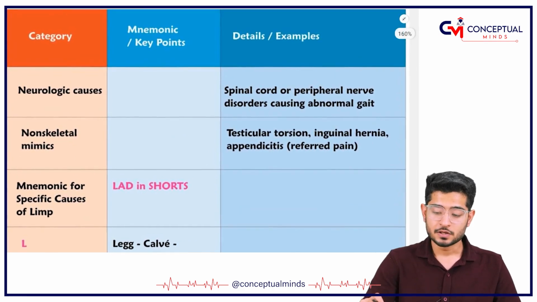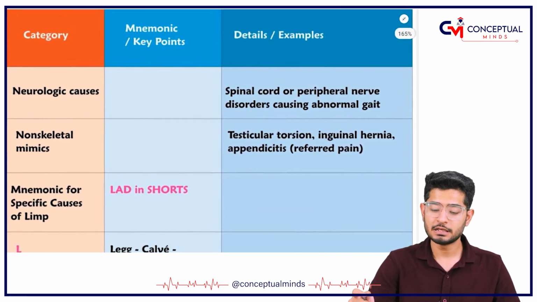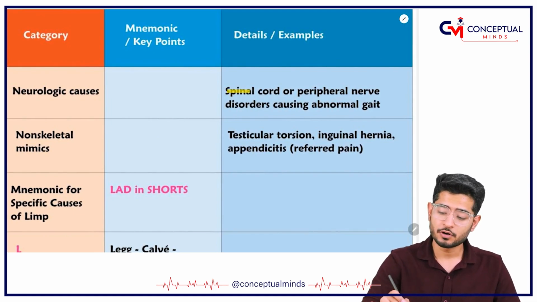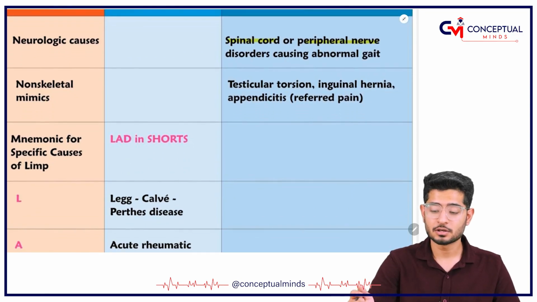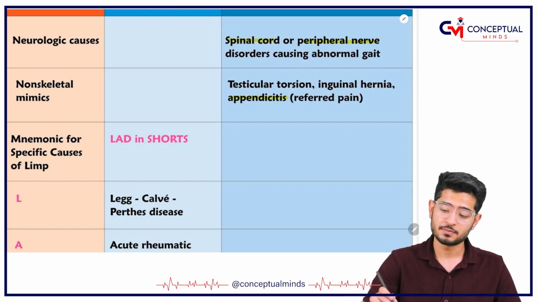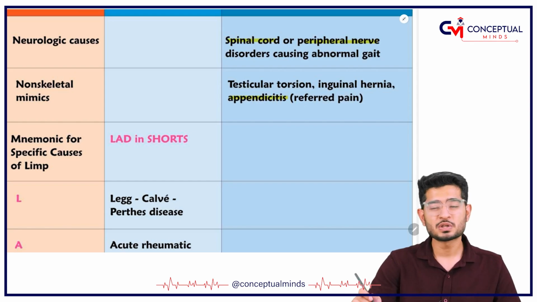Next are the other neurological causes like spinal cord issues, then peripheral nerve problems, and then non-skeletal mimics. It's not a skeletal issue, not properly a bone or muscle issue, but for example, if the patient has appendicitis, the patient will have referred pain around the hip.